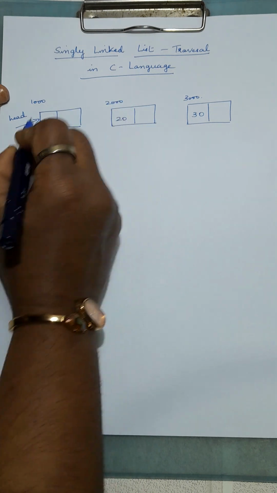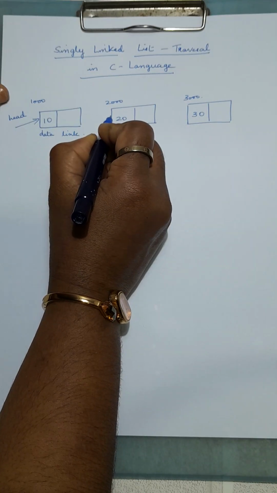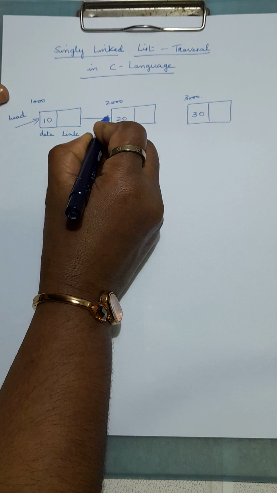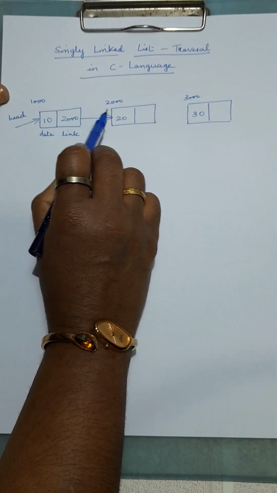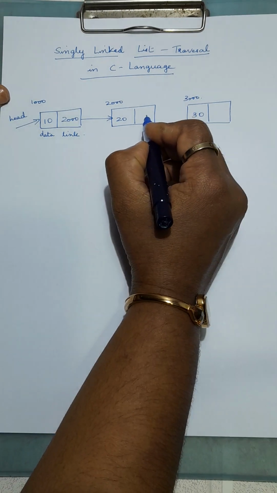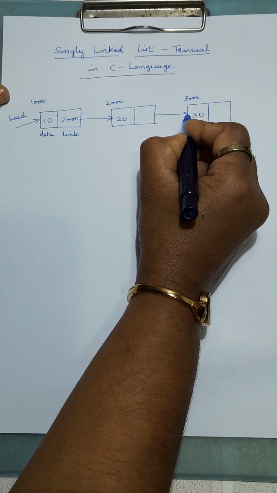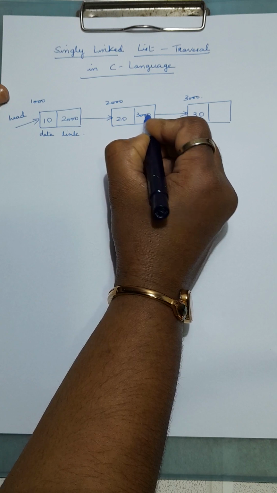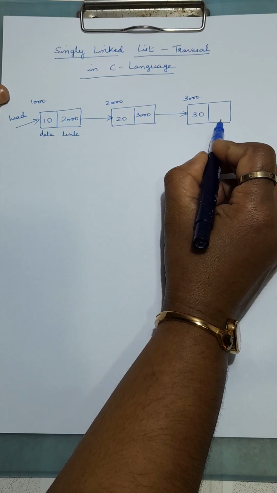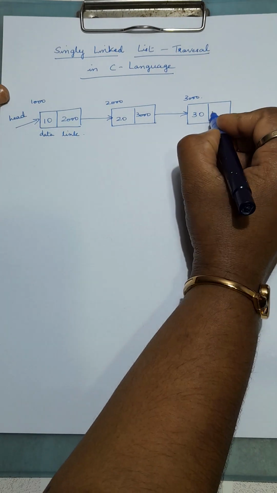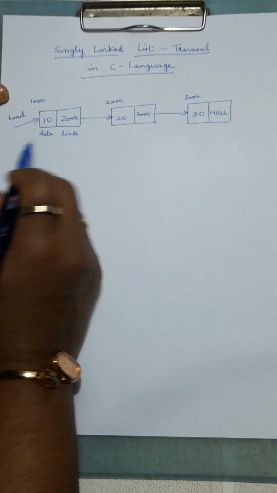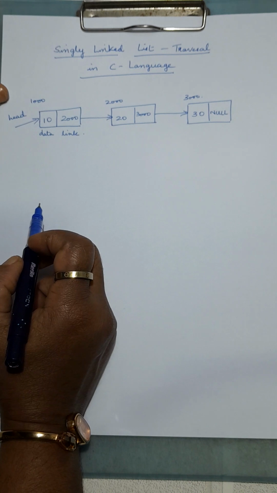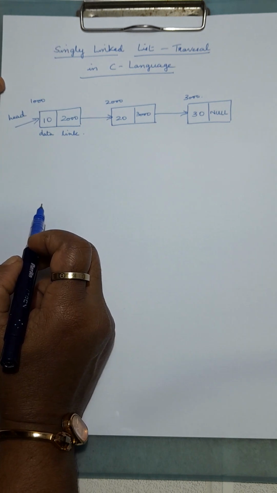The first node should point to the second node, so there is a link between the first and second node. The link part will have address 2000, which means it is pointing to the second node. The second node will point to the third node, so the link part will have address 3000. Since the third node doesn't point to any other node, the value of its link part will be null. So this is the actual structure after creating a singly linked list.